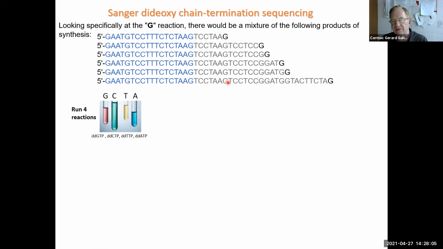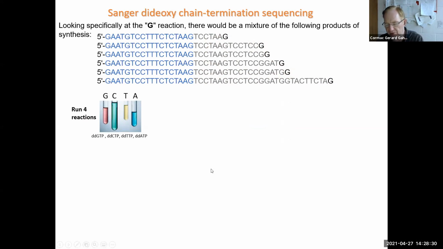You'll also find this one present here, where it stops here. By random chance, it has incorporated the terminator here. That gives you that size molecule. Here's another one here, another one here, and here. So wherever there's a G, it means you can get termination in that sample.